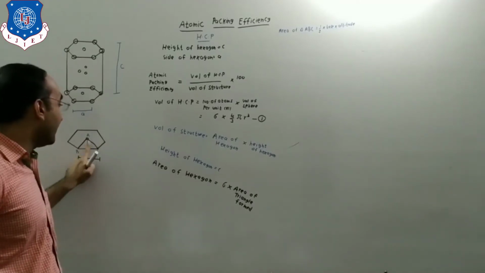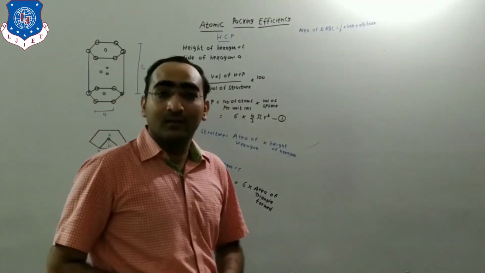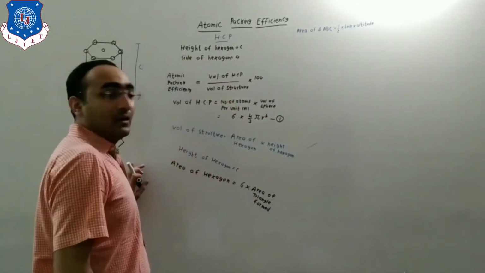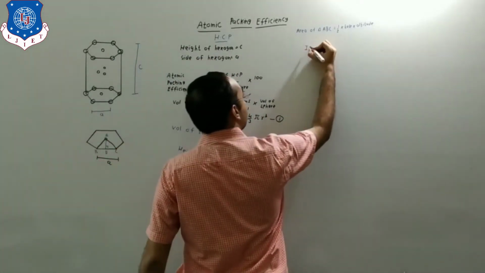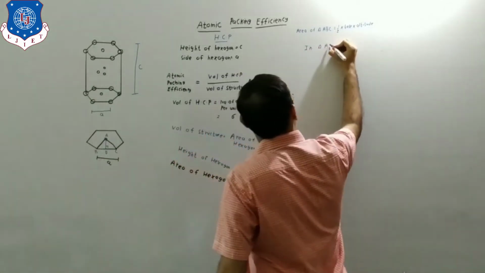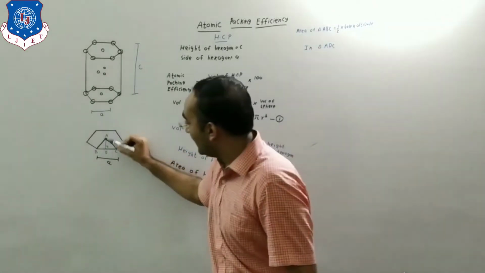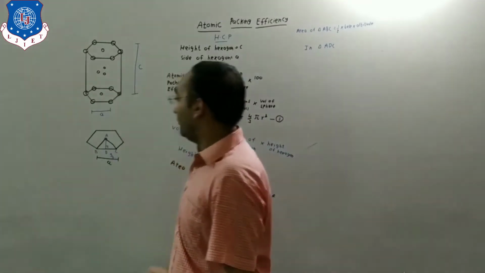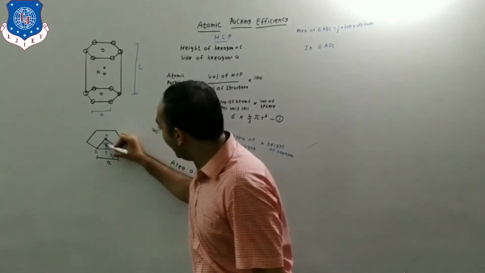So we will be taking it as a Pythagoras theorem. So in triangle, let us take ADC. In triangle ADC, DC will be equal to A by 2. What is your AD?